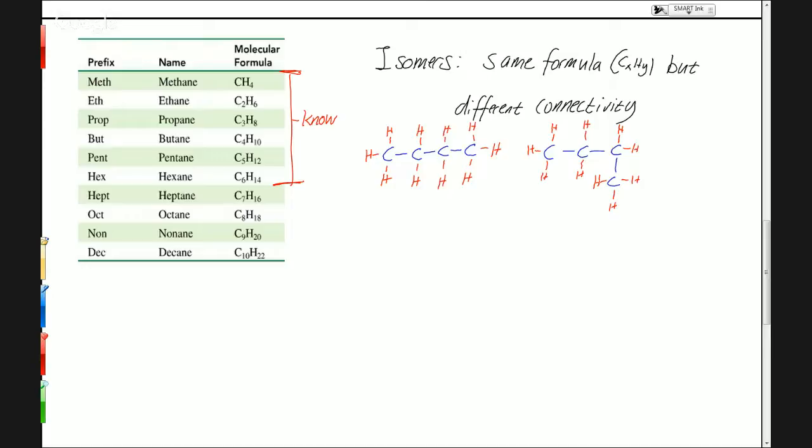So the fact that we can't make a different model of that second structure means that these two are the same. They are not isomers. Isomers would require that we actually take this model that we built apart and build it in a new way.